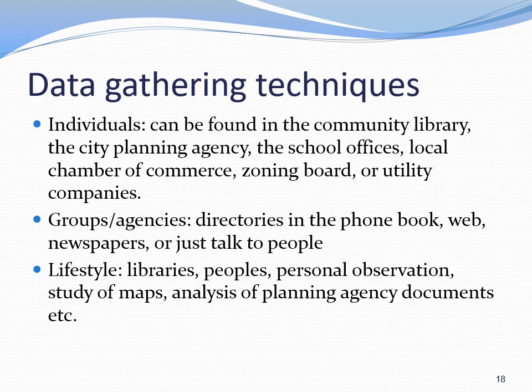Or it's very common knowledge that you just talk to the people in your community, and you can get the data, right? For the lifestyle, maybe you can go to libraries and talk to people, right? And also you can observe the people, or you can study maps, right? And also analysis of planning agency documents, etc.